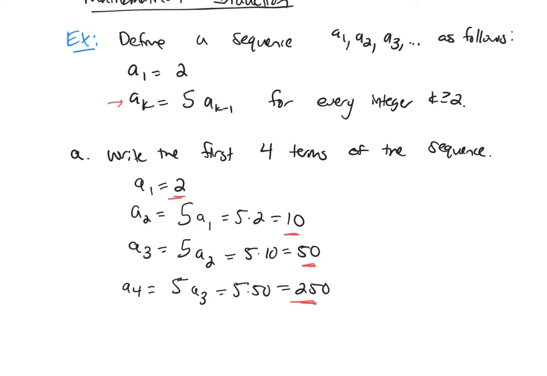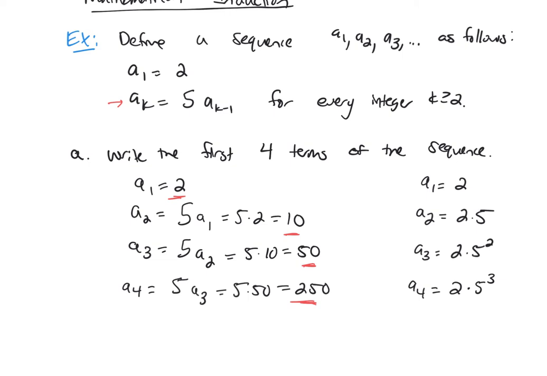Now, if we start to look here at these numbers and factor them, so A1 is 2, A2 was 10, which is 2 times 5, A3 is 50, which is 2 times 5 squared, A4 is 2 times 5 cubed, 250.